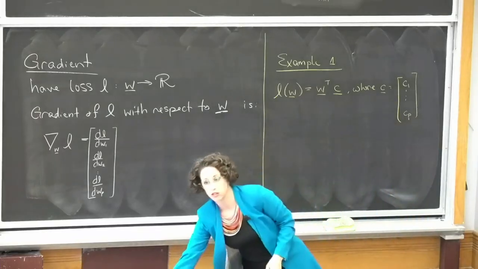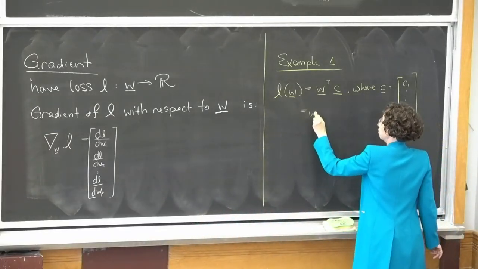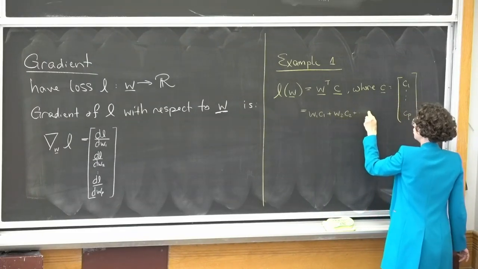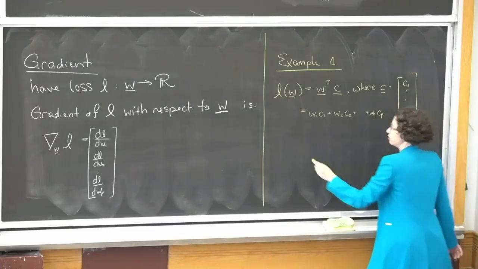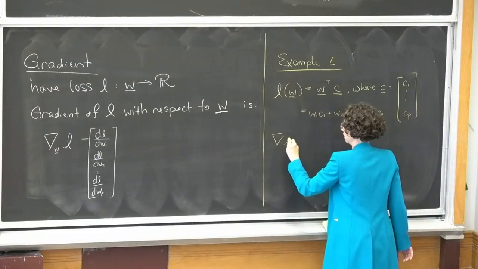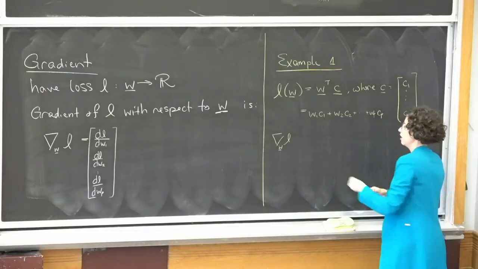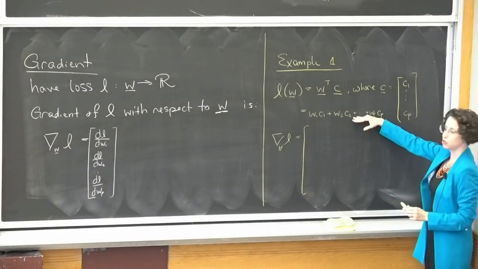So recall this notion of inner product tells us that this is just W1C1 plus W2C2 all the way to WPCP. So now if I want to compute the gradient of my loss with respect to W, then I'm computing first the derivative of this loss with respect to the first weight.